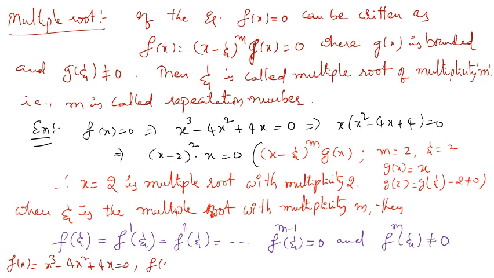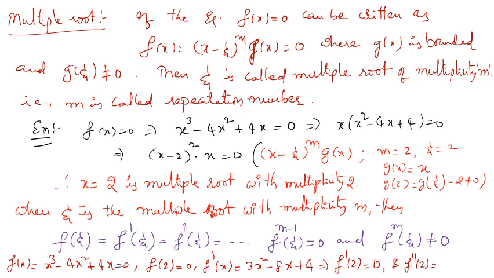What is the root? 2. F of 2 is 0. What is f dash x? F dash x is 3x square minus 8x plus 4. So what is f dash 2? 4 into 3 is 12 minus 16 plus 4, that is 0. And what is f double dash 2?